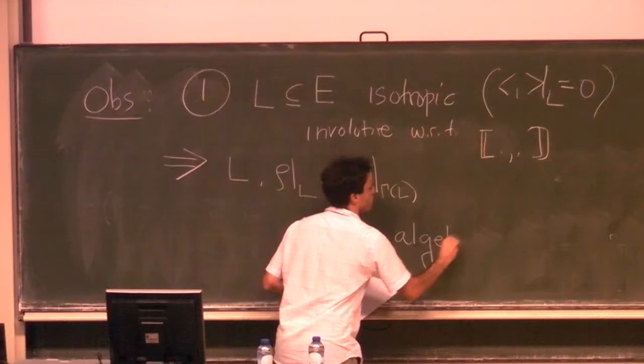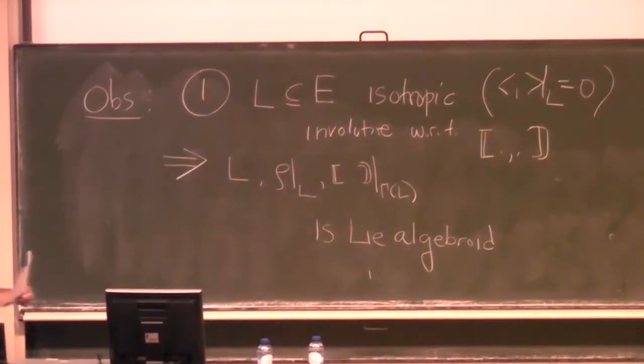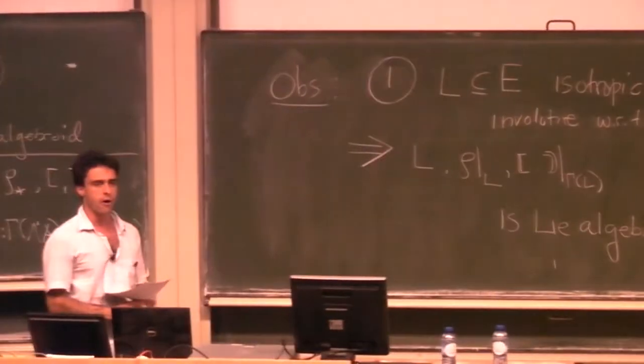So even though the object itself is not a Lie algebroid, it has many sub-objects which are Lie algebroids.